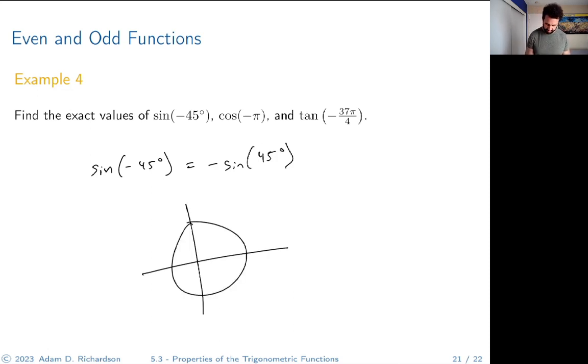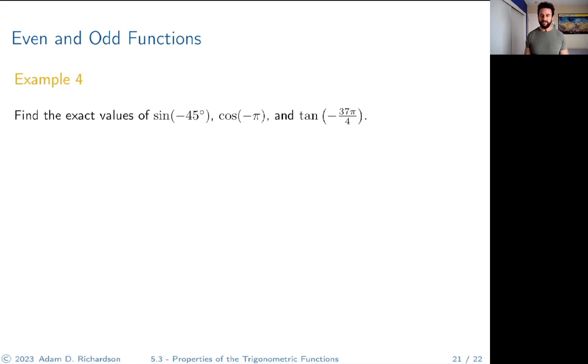Unit circle, 45-45-90 triangle. It's root 2 over 2, so this becomes negative root 2 over 2. Done. We didn't even need to contemplate going in reverse, although we could. You could easily look at negative 45 degrees and go that way and get the same result. There's more than one way to do it.